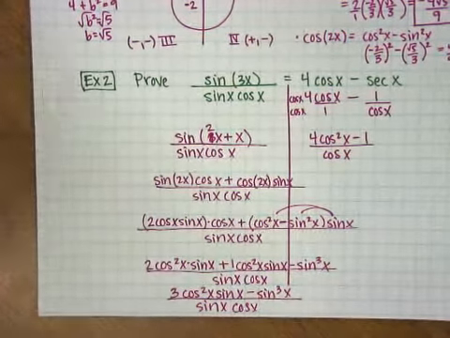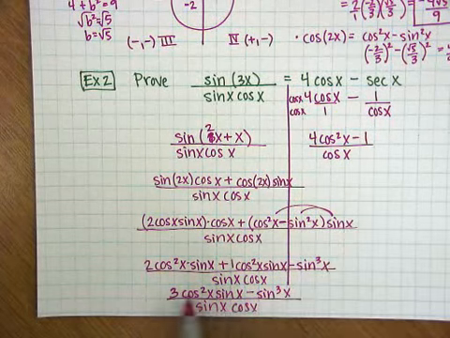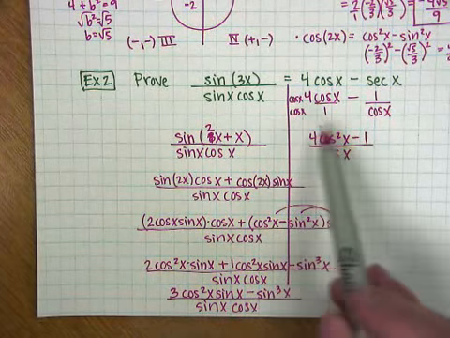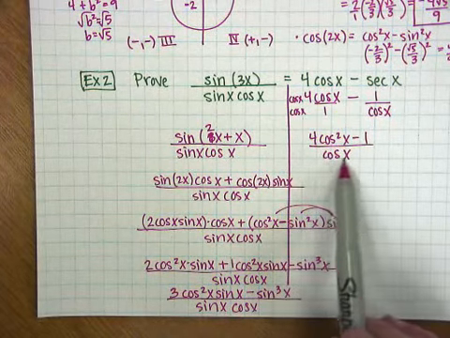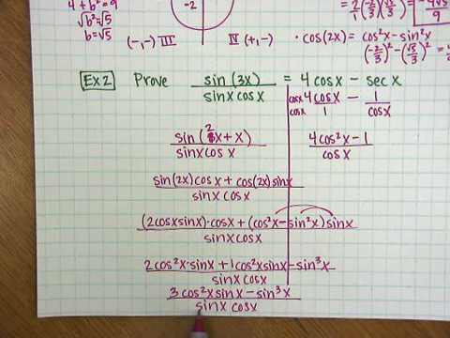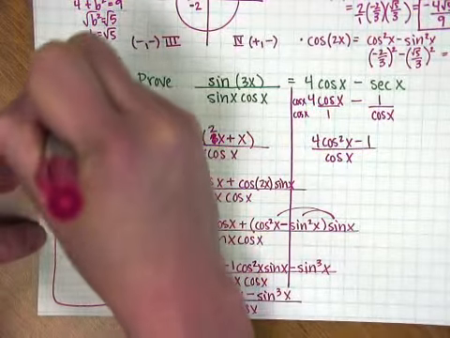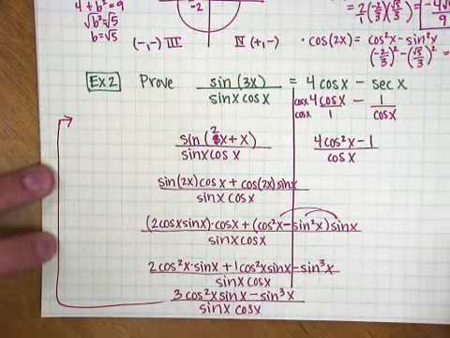Okay. Gosh, but I've got to get to 4 cosine squared minus 1, and I don't see a 4 anywhere in here. I do notice when I look over here that I see a plain cosine on the bottom, and down here I have that plain cosine, but I also have the sine. That makes me think that I need a way to cancel this out, and so I'm going to factor up here. So let's bring this back and up. I wish I had more paper.